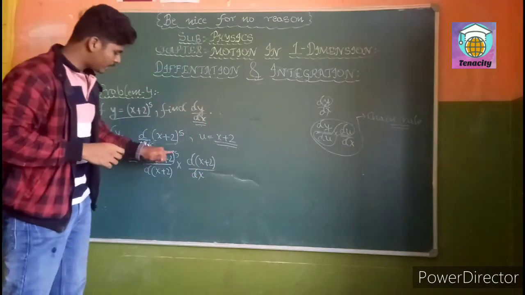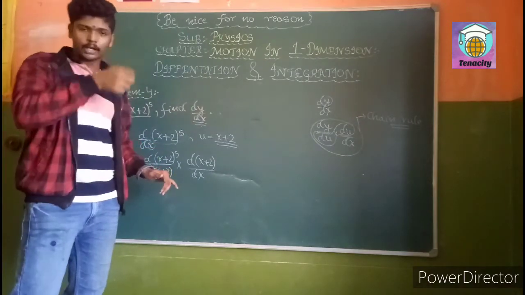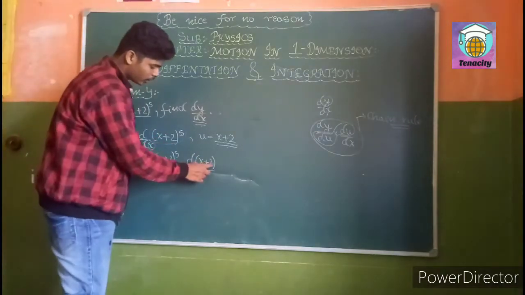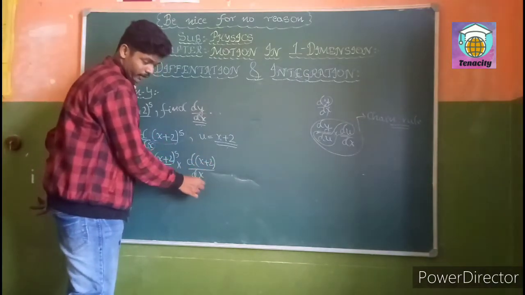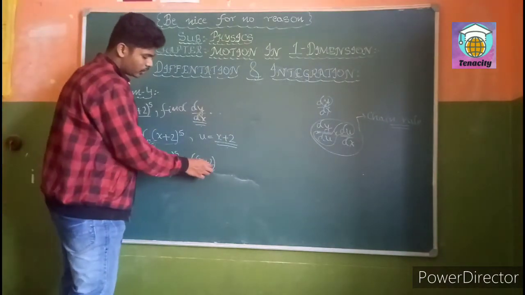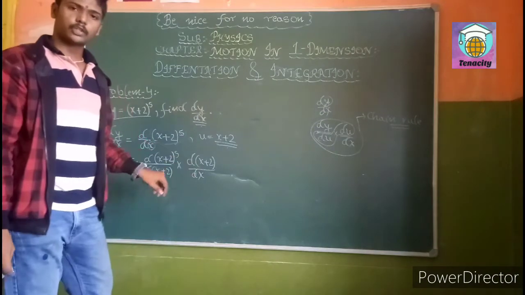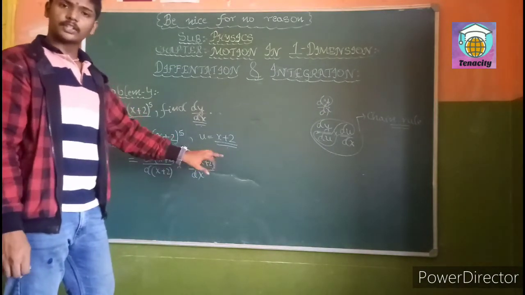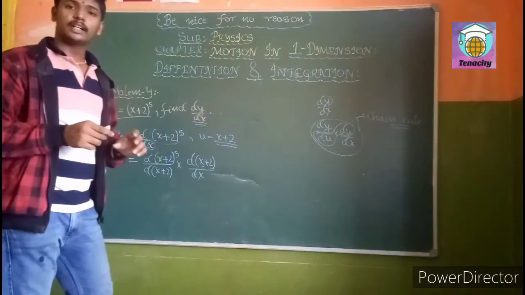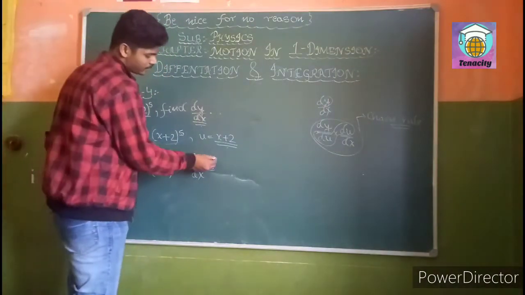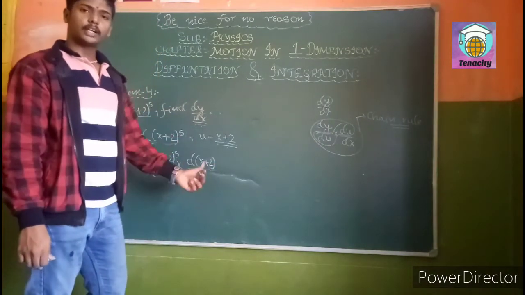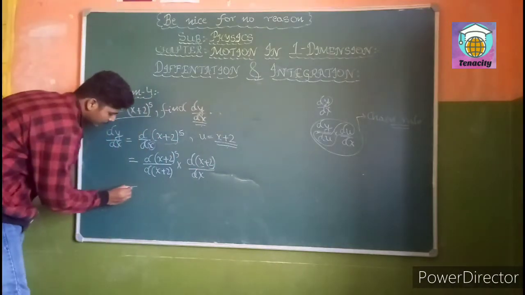Now you can differentiate this, but you may get a doubt here: d by dx of x plus 2, here x plus 2 is not in the format of x. I will tell you it is in the format of x, because here you are doing the differentiation of u plus v. We can do the differentiation of u plus v when these two are written in terms of x. As this is a constant, you can do the differentiation and get it to be 0.